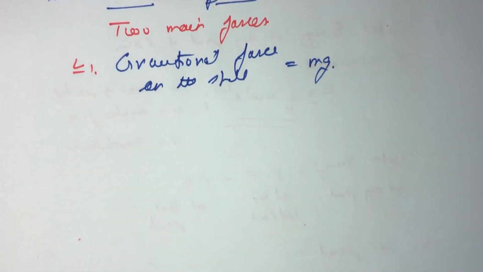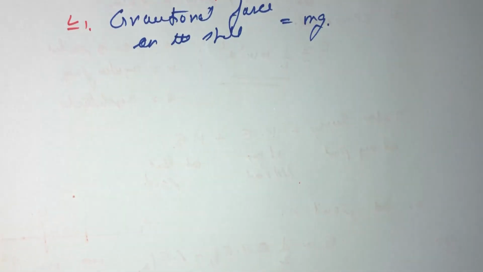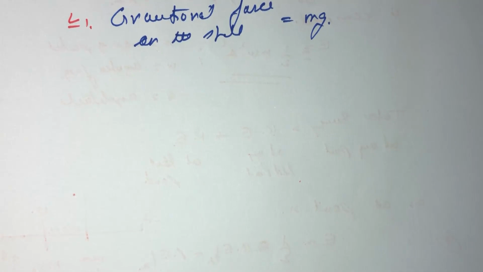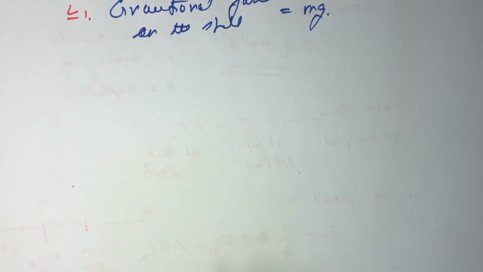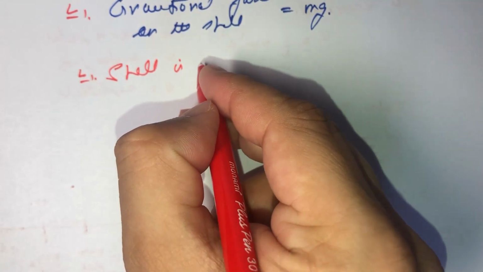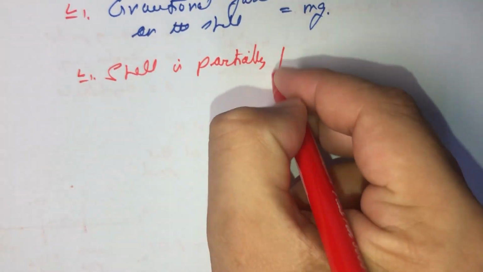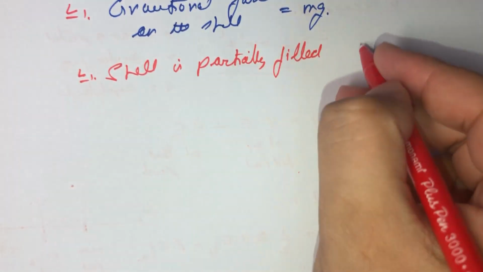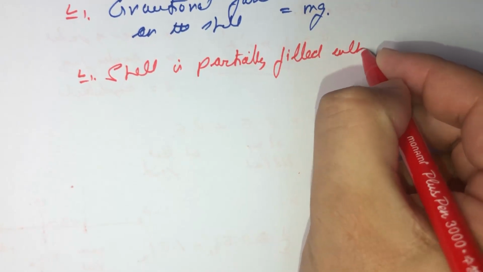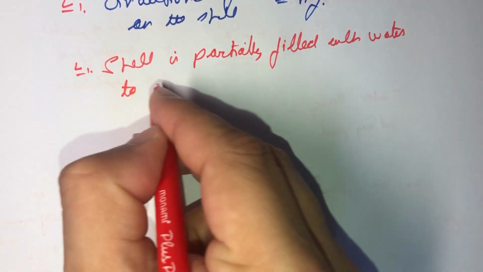M is the mass of the shell, and it is also given that the shell is partially filled with water to height h. We have taken it h.